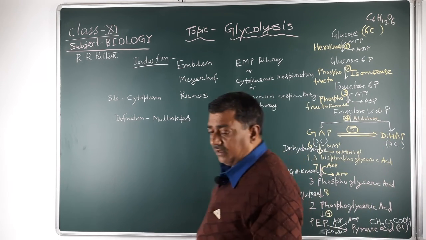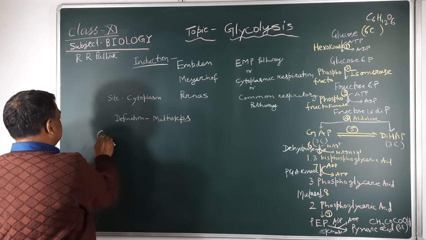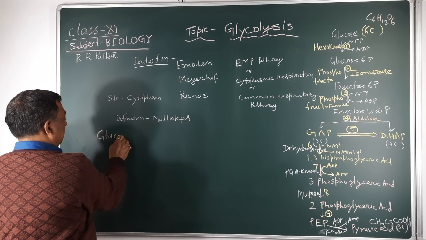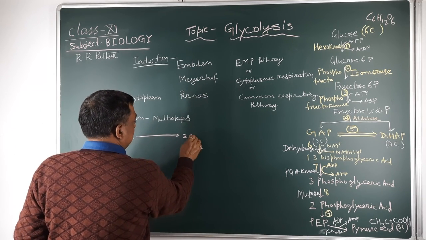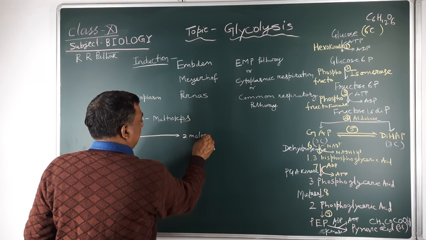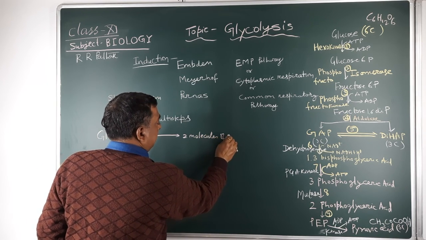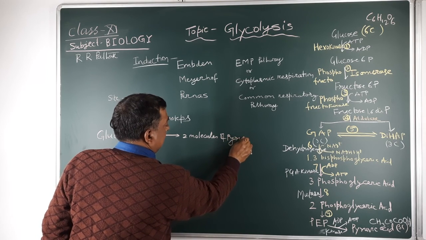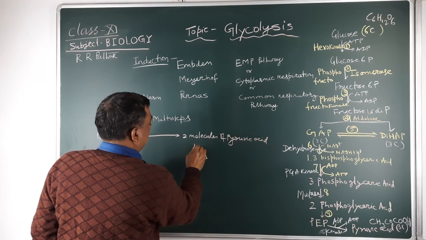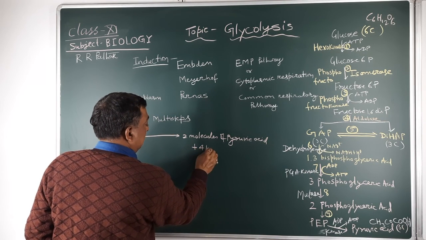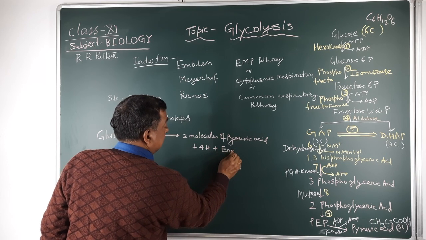So net reaction of glycolysis is that glucose is converted into 2 molecules of pyruvic acid with the release of 4 atoms of hydrogen, and energy is also released.